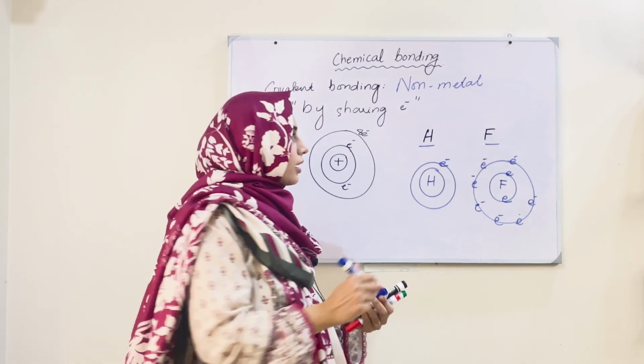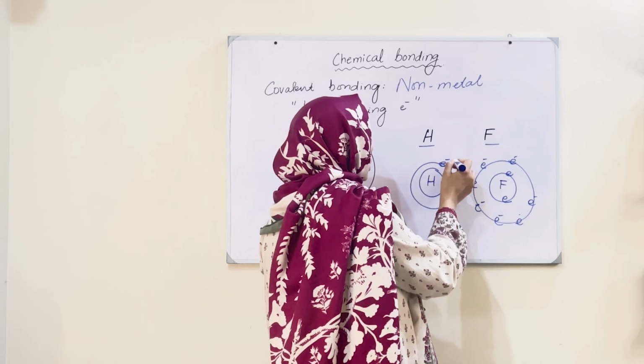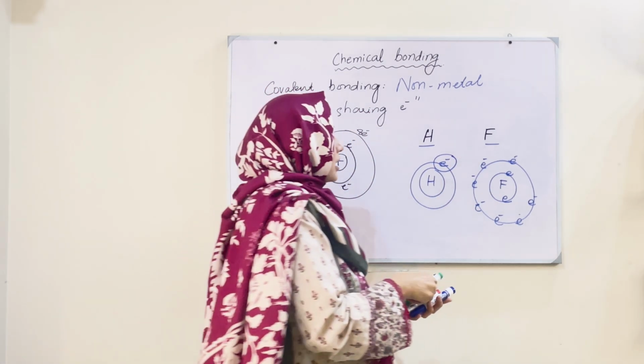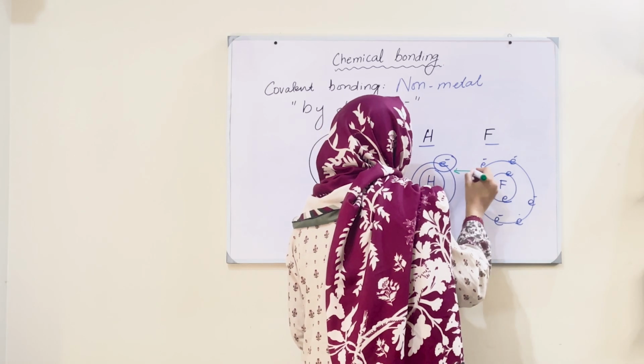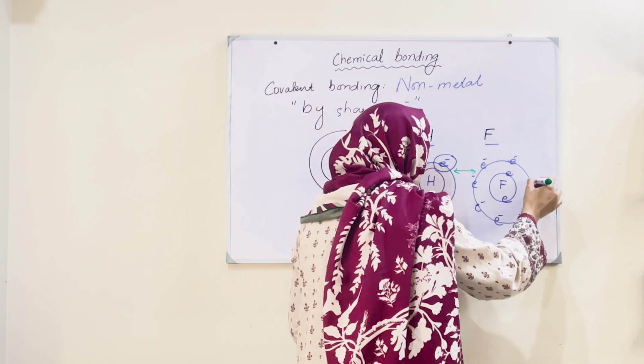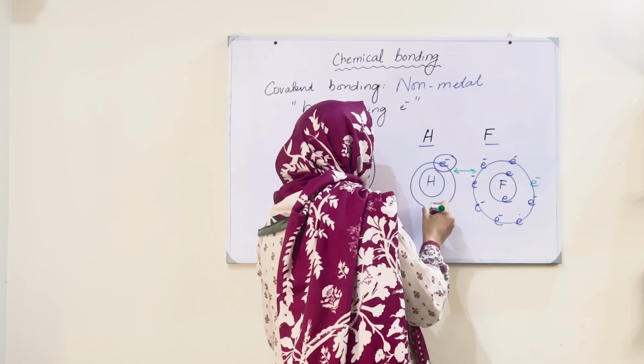So in this way, they both will decide to share 1 electron. This 1 electron will be shared between fluorine and hydrogen, and here fluorine will have 8 electrons and hydrogen will have 2 electrons.